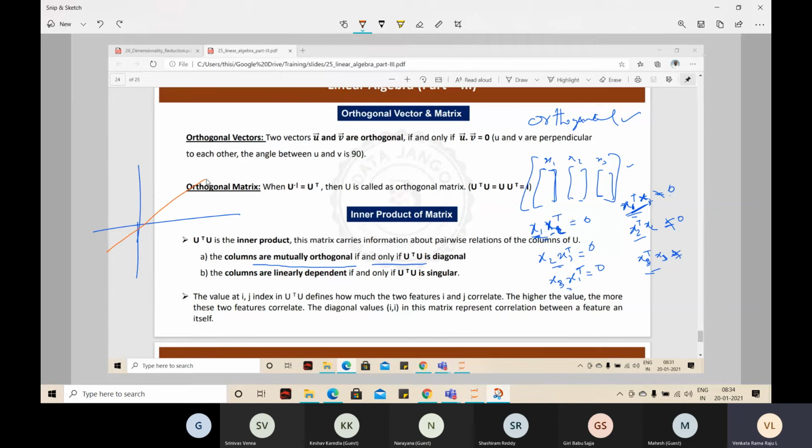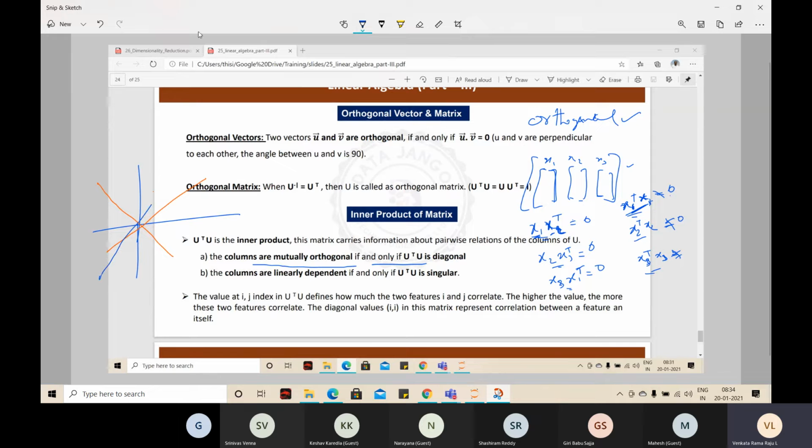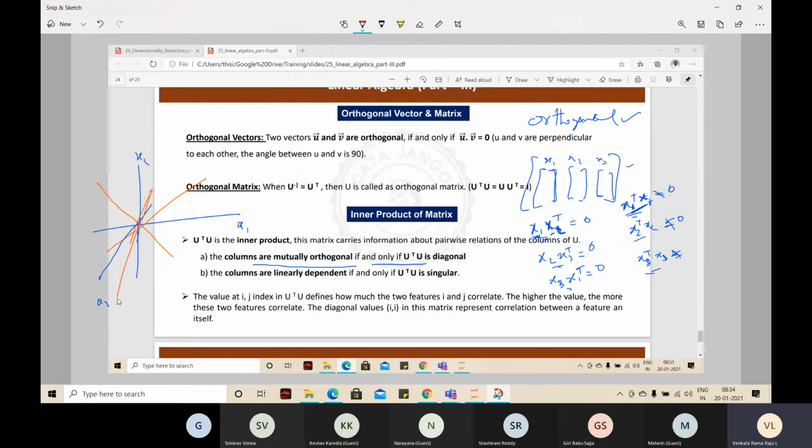This is x1, this is x2, and I think there will be another dimension also. If we have 3 columns, there are 3 axes: the x1 axis, the x2 axis, the x3 axis, and then you take this, that's going to be perpendicular to those two.